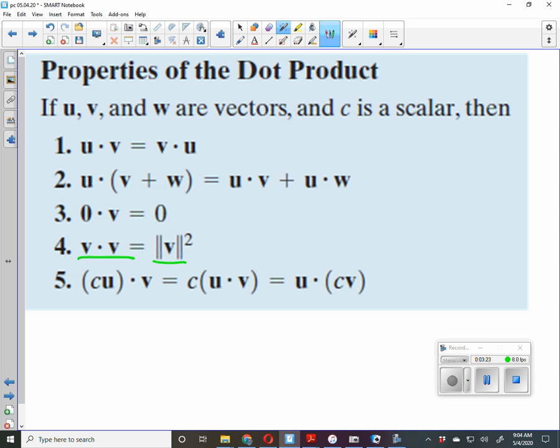When you multiply a scalar times a vector, that's the same as multiplying the vectors and then multiplying by the scalar. Either way, it's going to come out to be some real number, some scalar. This is also true: we can regroup these and work with the associative property of multiplication.